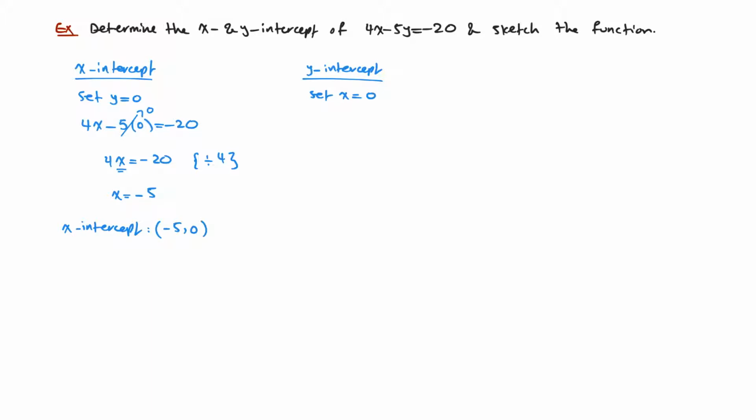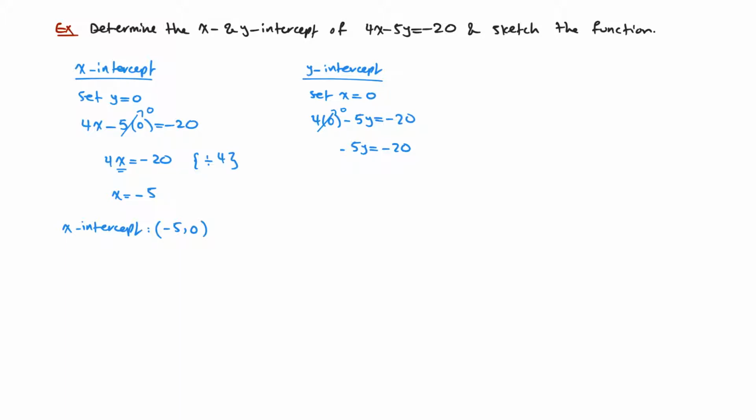Fantastic. So now we want to solve for our y-intercept. We're going to set the x-coordinate equal to 0. So 4 times 0 minus 5 times y is equal to negative 20. And again, I'm just using the x value, 0. Anything times 0 is 0, so I'm left with negative 5y is equal to negative 20.